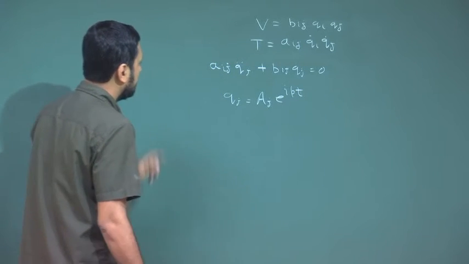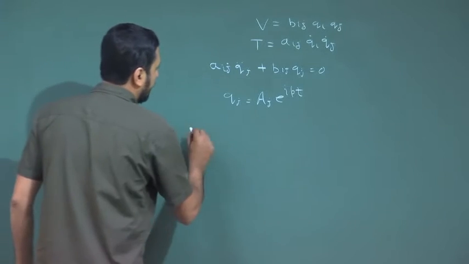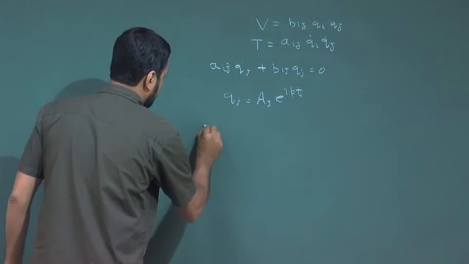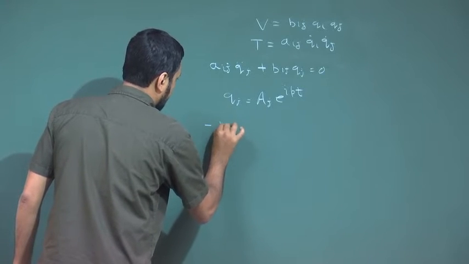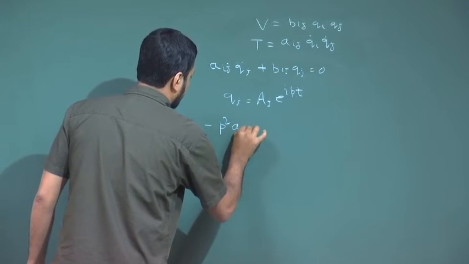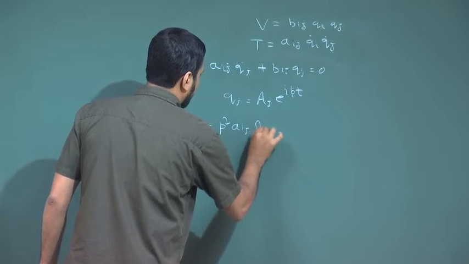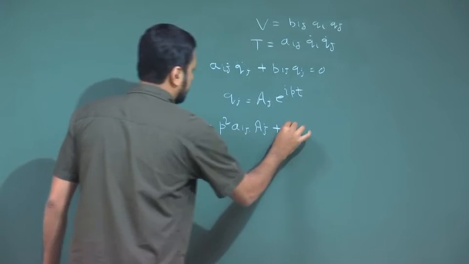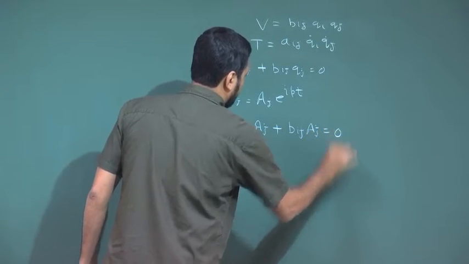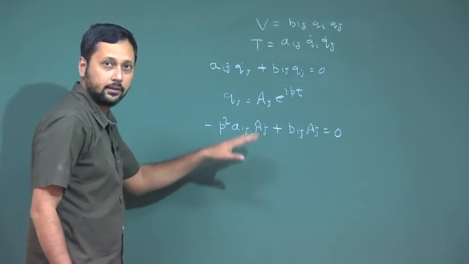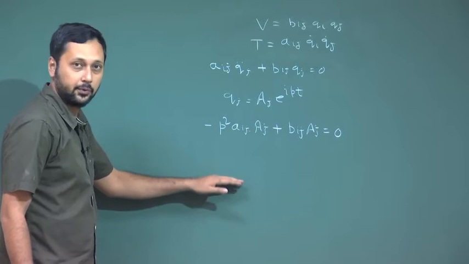When we substituted in here, we got an equation of the form minus p square A_ij A_j plus B_ij A_j equal to 0, and this is a set of simultaneous linear equations.